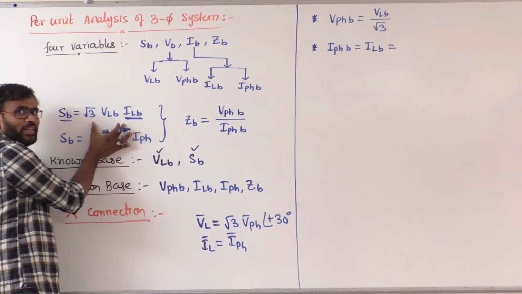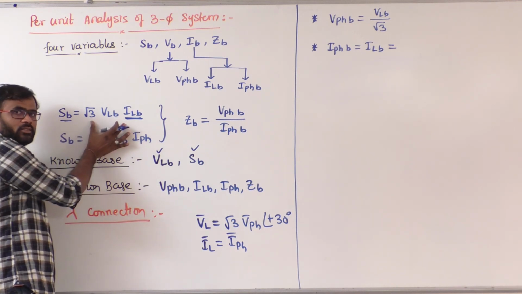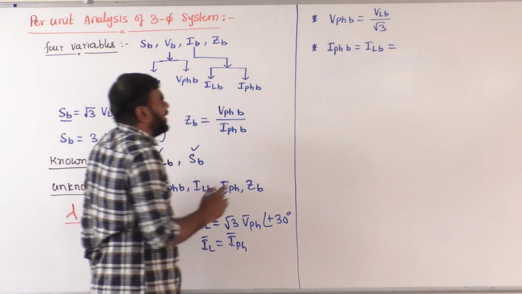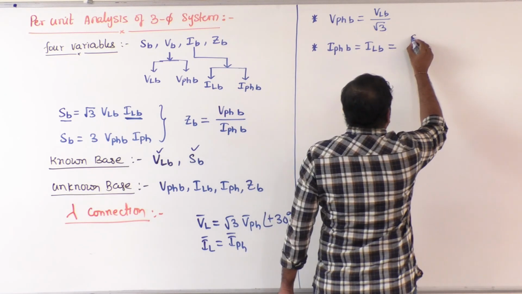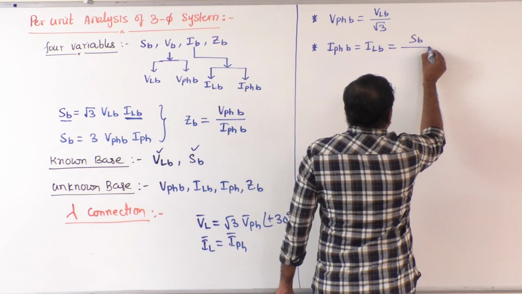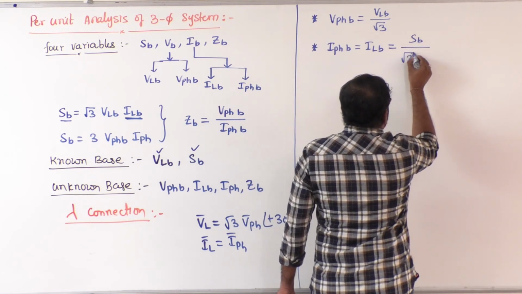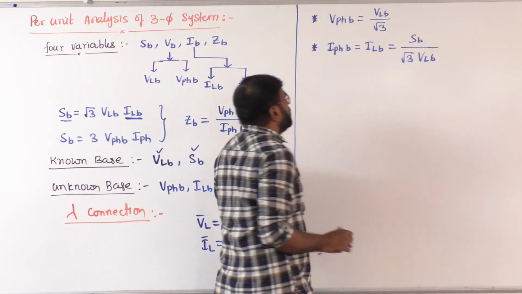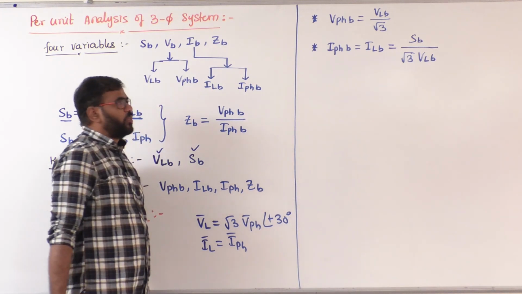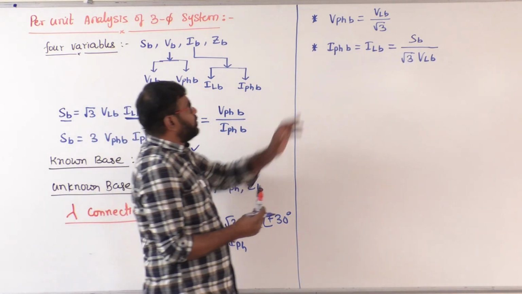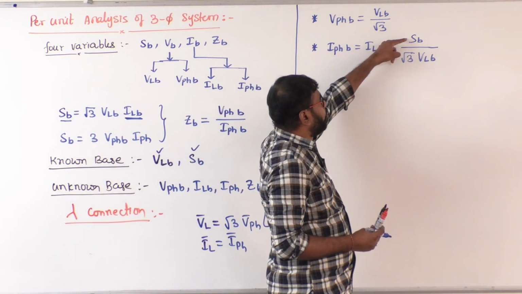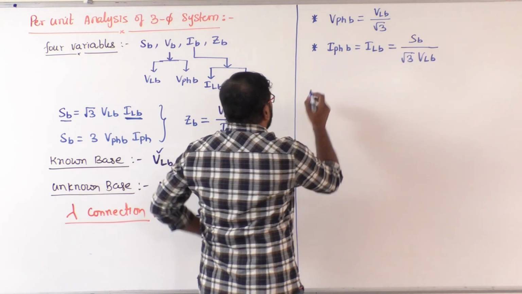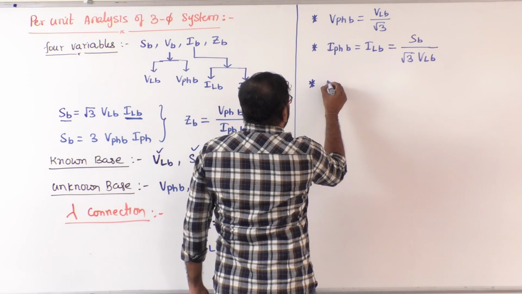Because this formula is valid for star connection as well as delta connection, I am writing I line base equals S base by √3 times V line base. Clear? So that's about I phase base. I phase base and I line base, we have written in terms of known. What is known? S base is known and line voltage base is known. Now, the next important thing is Z base.